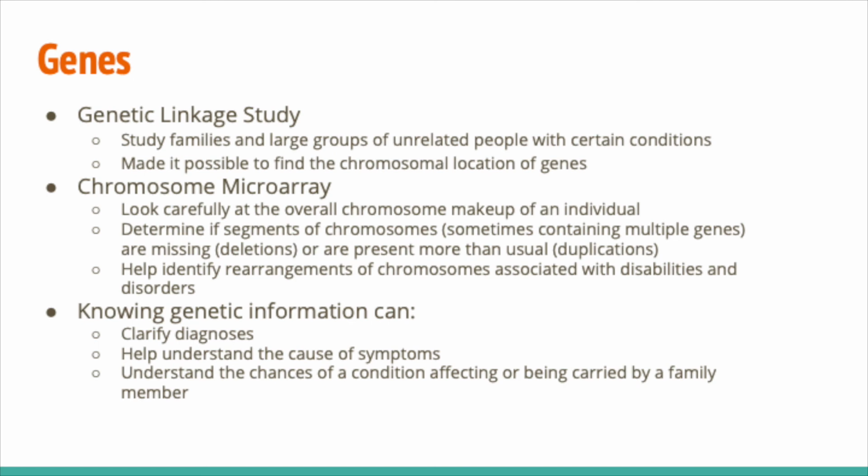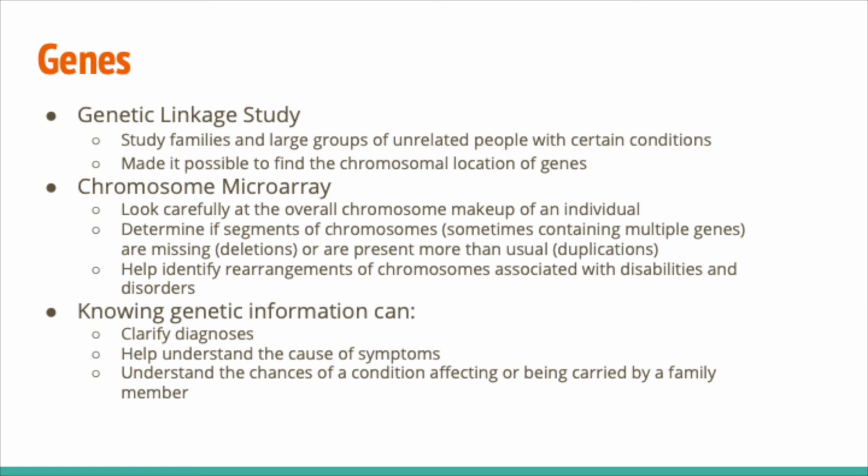There are two main ways in which we study genes, and that's either through a genetic linkage study or through a chromosome microarray. In a genetic linkage study, we study families and large groups of unrelated people with certain conditions, and we try looking for positions in chromosomes and locating genes that lead to these various diseases. In the chromosome microarray, instead of looking at these big populations, we're now just looking at one individual.